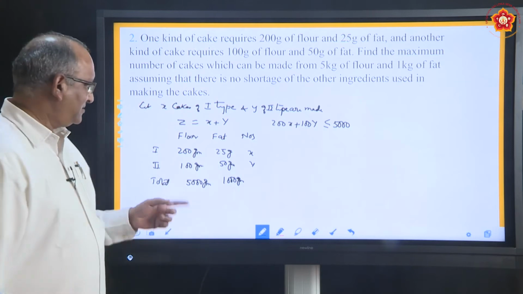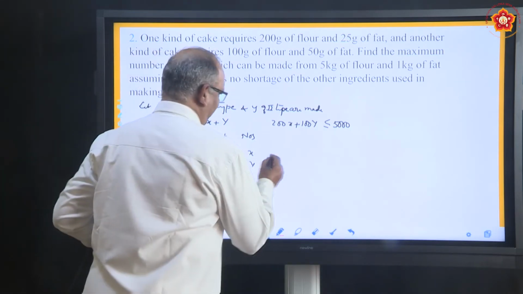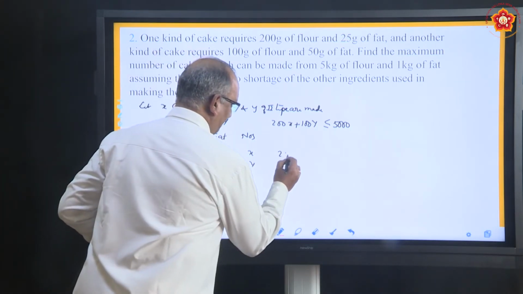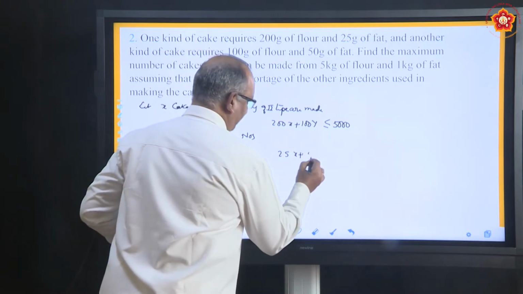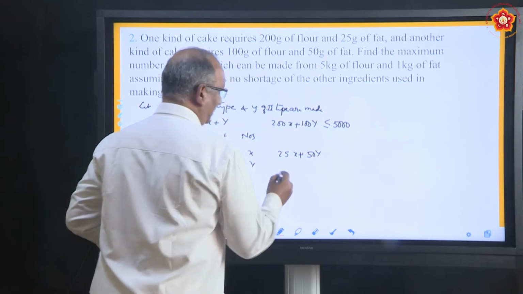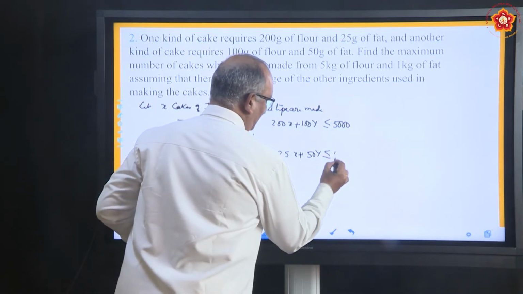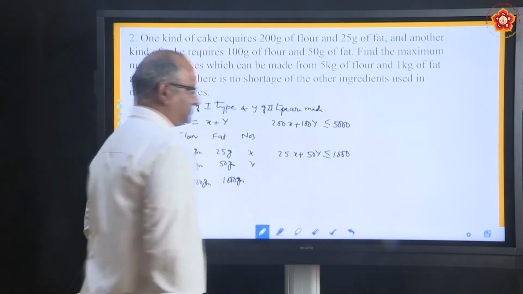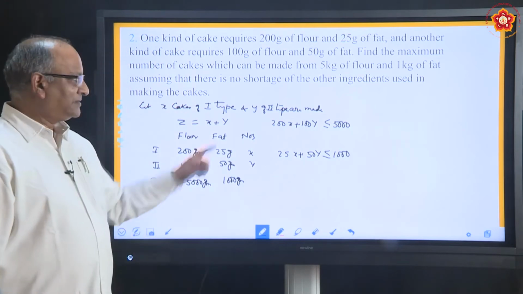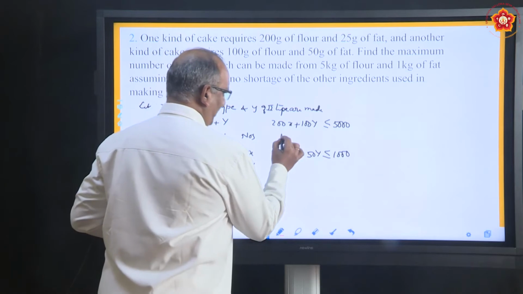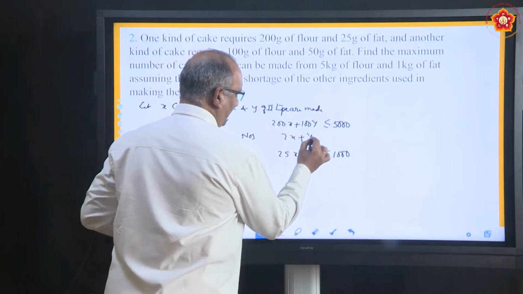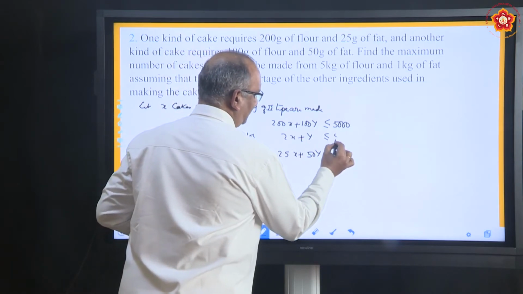Similarly, for fat, what can we say? 25x plus 50y less than or equal to 1000. Simplify them. How to simplify? Just divide by 100, you will get 2x plus y less than or equal to 50.